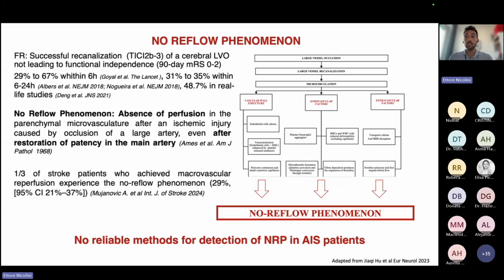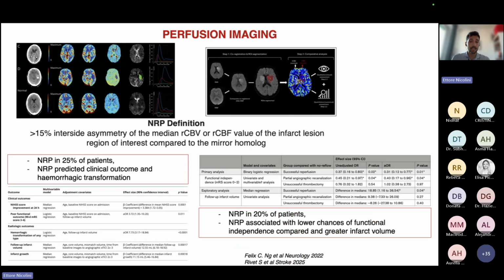The problem is that to date we don't have a reliable method to detect it in acute ischemic stroke patients. Some studies have tried to detect the no-reflow phenomenon in acute ischemic stroke patients, but with contrasting results.